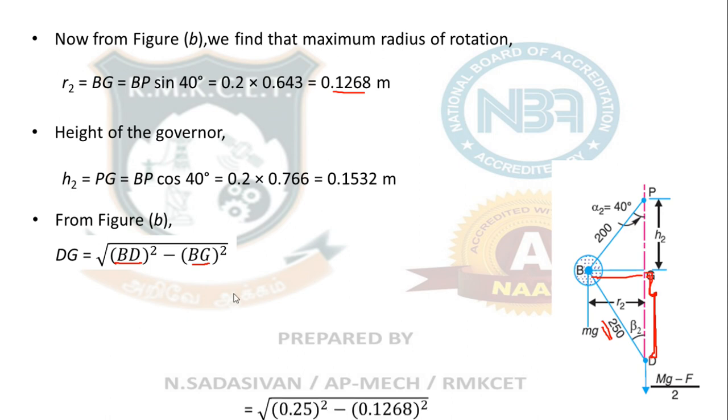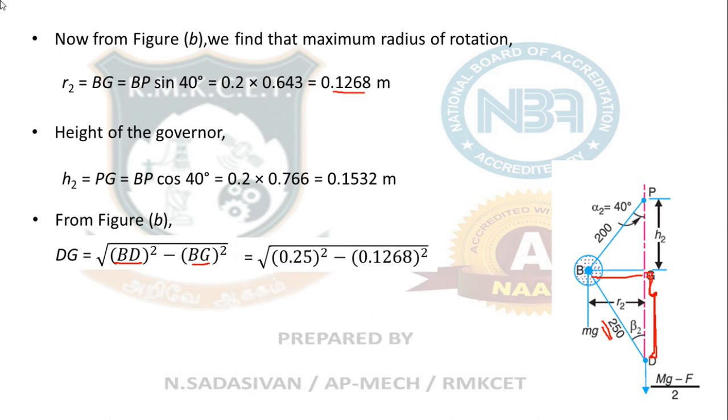So 0.25 square minus 0.1268 square comes around 0.2154. I mean, this is not H2. Don't write this as H2. This is DG. Always the height is in the upper link to the radius only. This is not H. Okay.